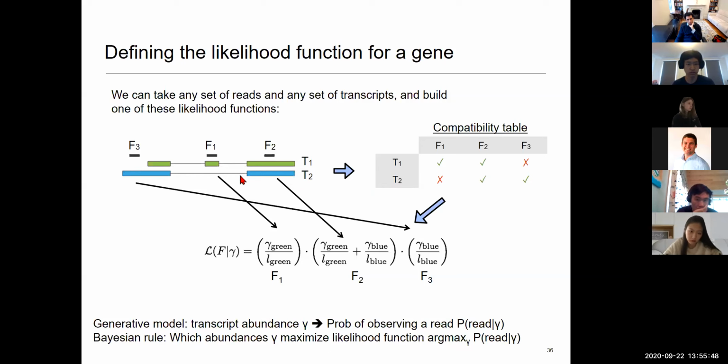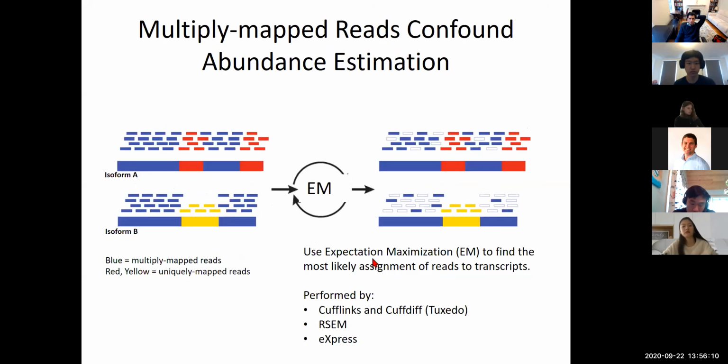Okay. So we basically have unique transcripts, uniquely mapping reads. And then when I'm mapping F1, I want to assign F1 to the transcript that gives me the most parsimonious or the most likely interpretation of the data. Okay.